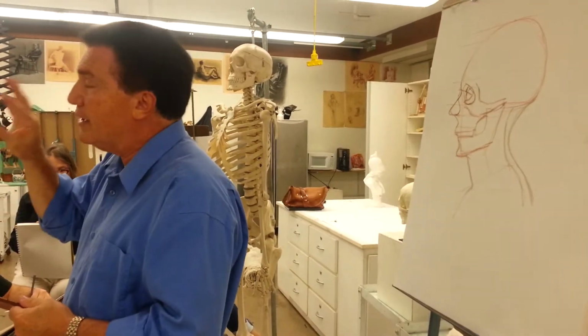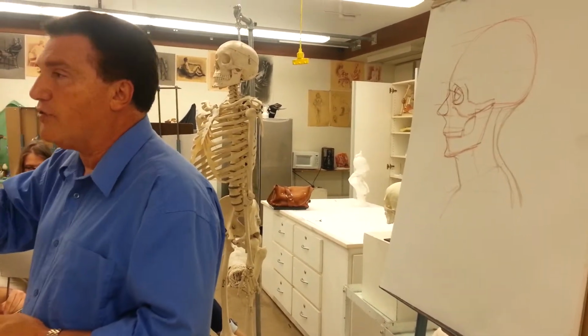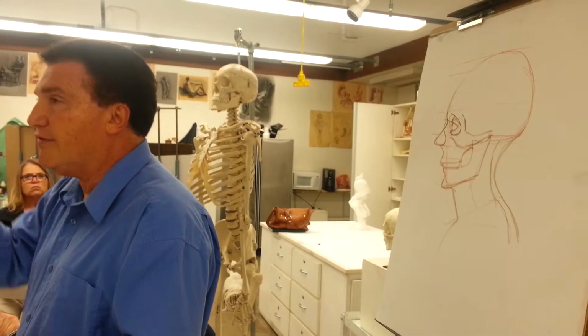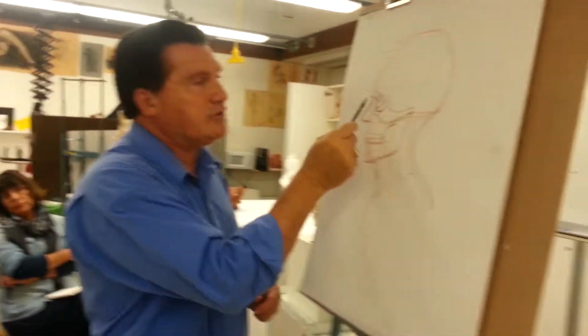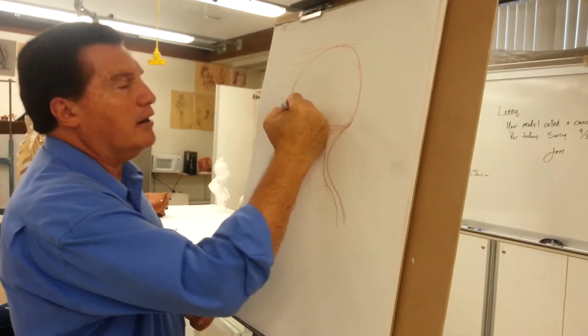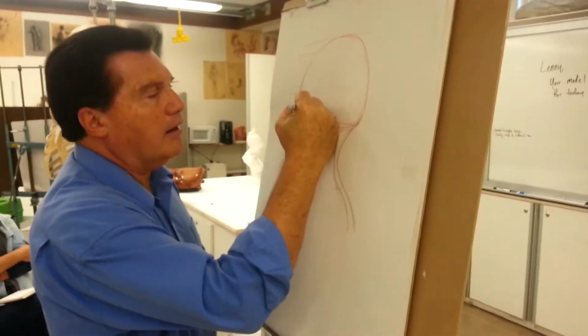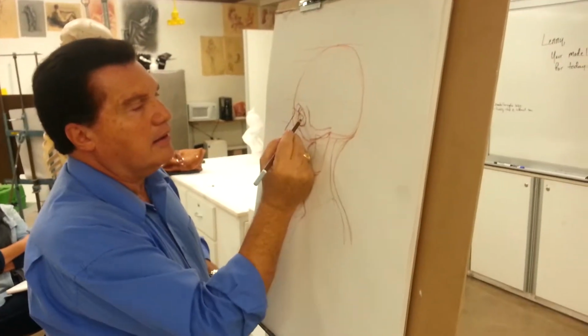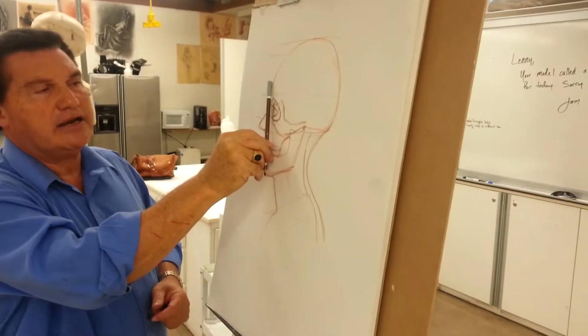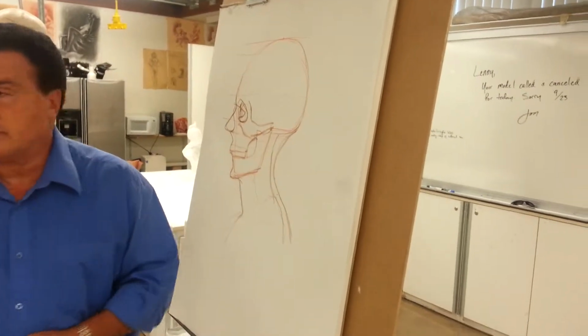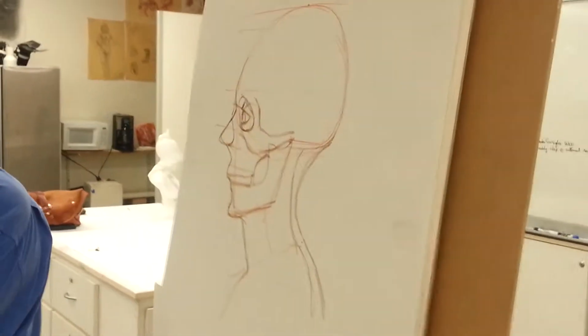Okay? So the more deep set your eyes are, the more of a lid you're going to have. Okay, so here's my lid here. And now, this comes at an angle. It's almost at the same angle as this.